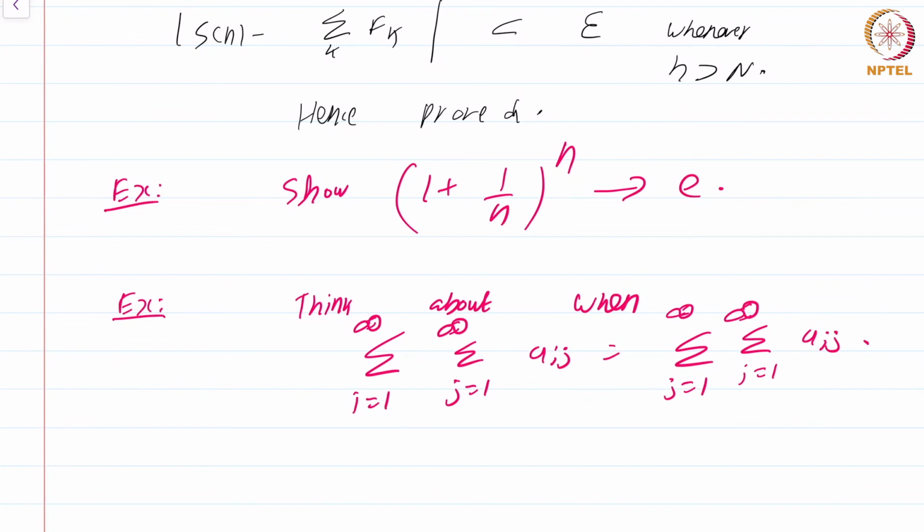So we have this double series. We are first summing over j, then summing over i. I'm asking when can you interchange? Think about it using Tannery's theorem.